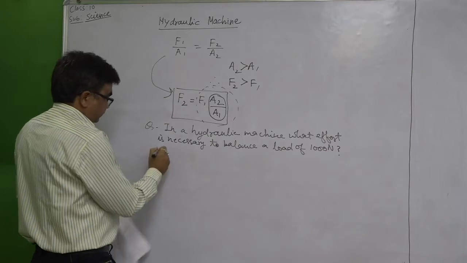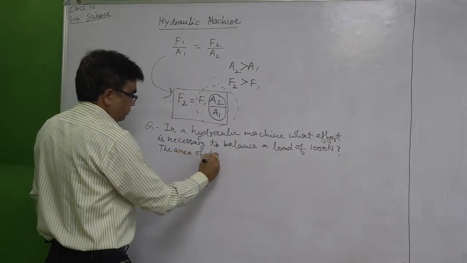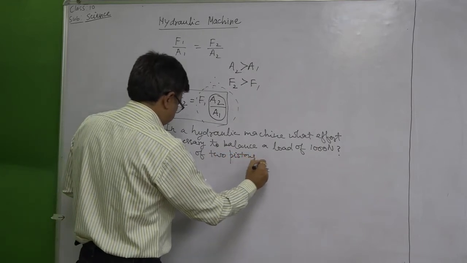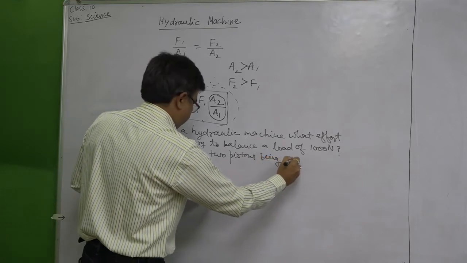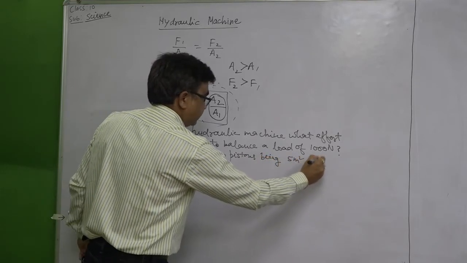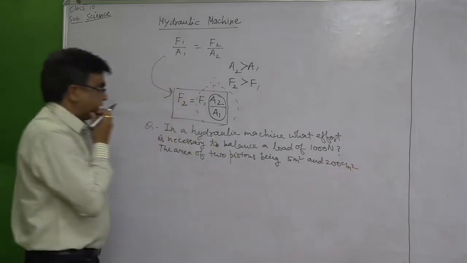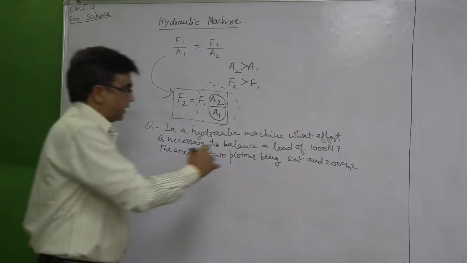The areas of the two pistons are 5 meter square and 200 centimeter square. This is your numerical. Now, try to understand this.